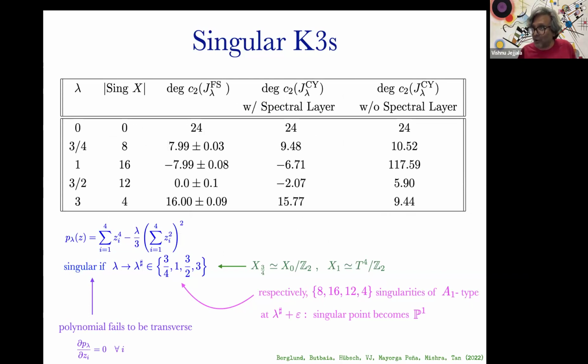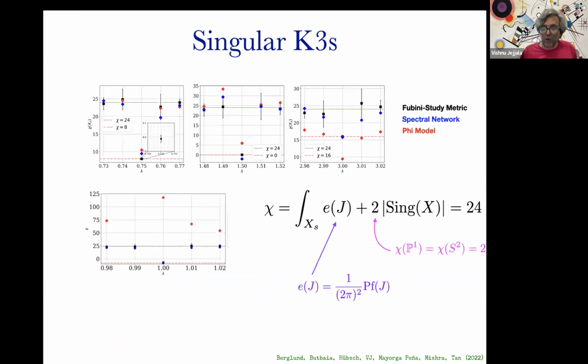We fail to recover the Euler character properly when we do this at the singular points. If you look at these different singularities, lambda equals 3/4, 3/2, 3, and 1, we find that close to the singularity, you're generally performing pretty well. But when you hit the singularity, the neural network approximations to the metric are not so good.